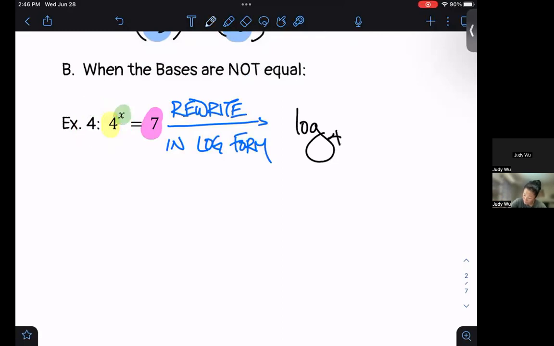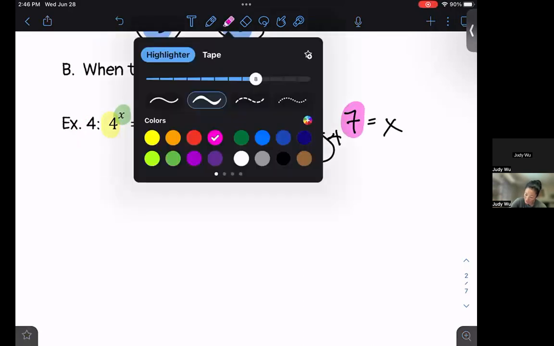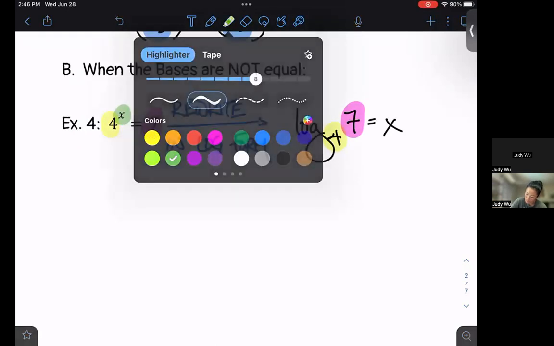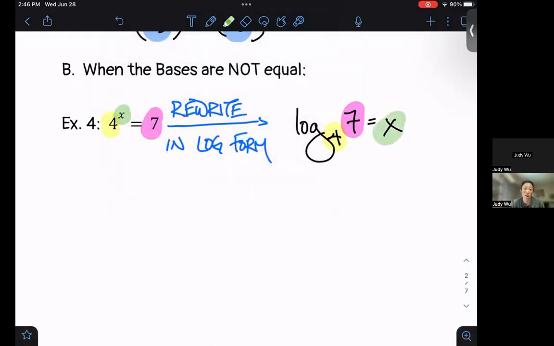Now we have our y over a, our base, and the thing we don't know all on one side by itself. Very convenient.